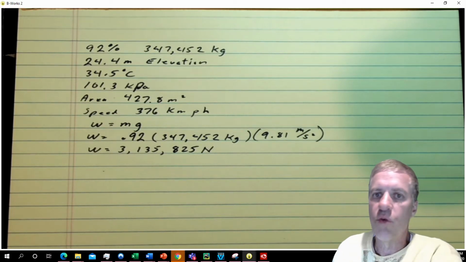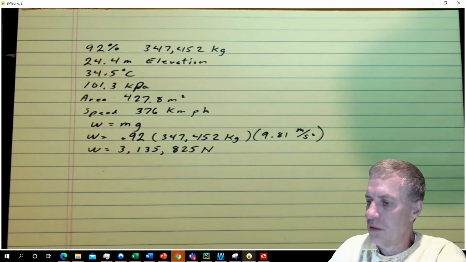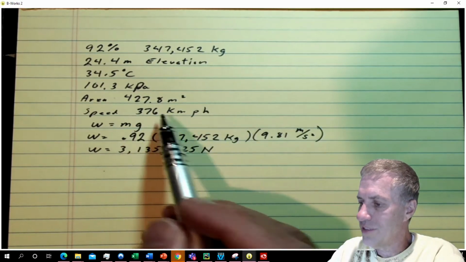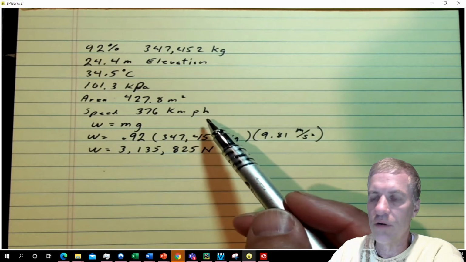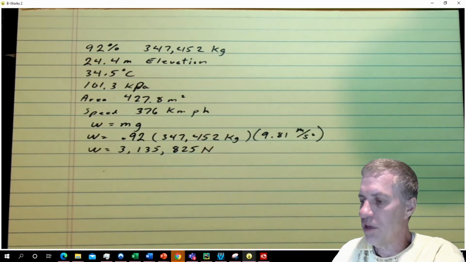All right, now we want to convert kilometers per hour to meters per second. All right, so we're at 376 kilometers per hour. Take a minute and see if you can convert that.